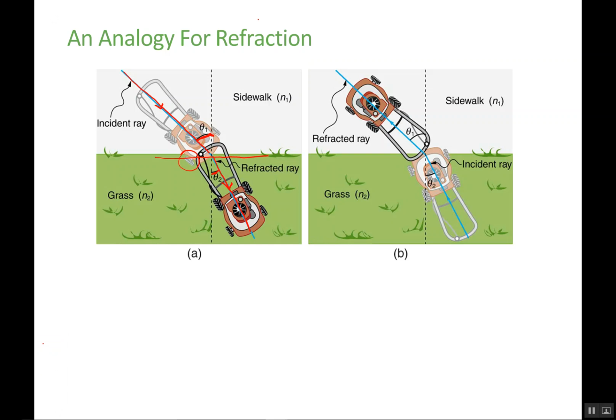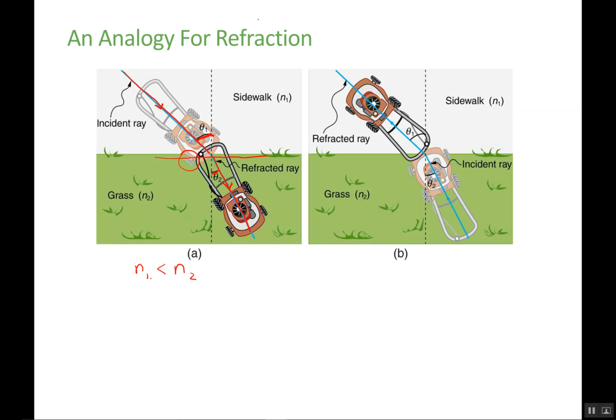So in general, when you have a situation like this, where you're going from a material where light travels fast, which is the sidewalk in this analogy, into a material where light travels more slowly, which is the grass in this analogy, the index of refraction of the grass is greater than the index of refraction of the sidewalk.